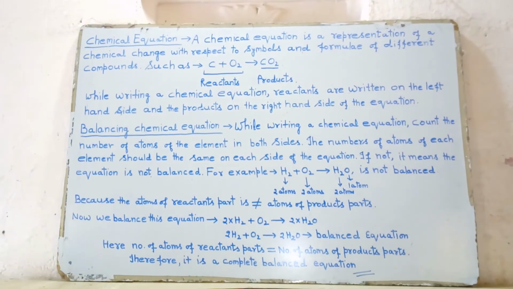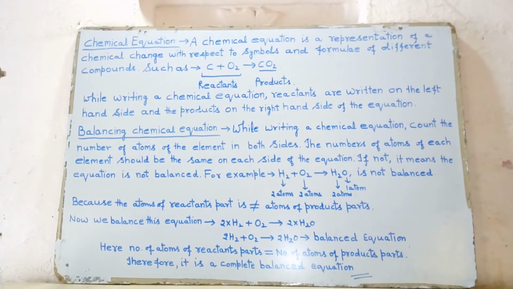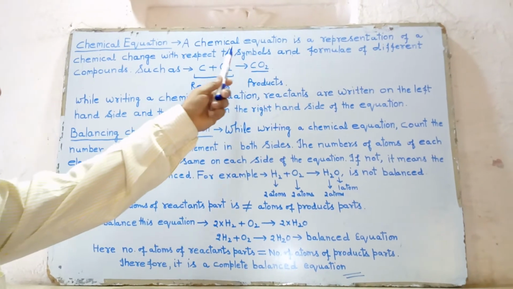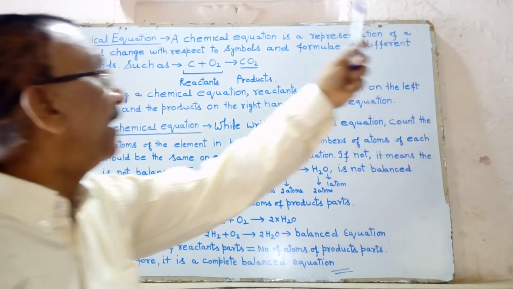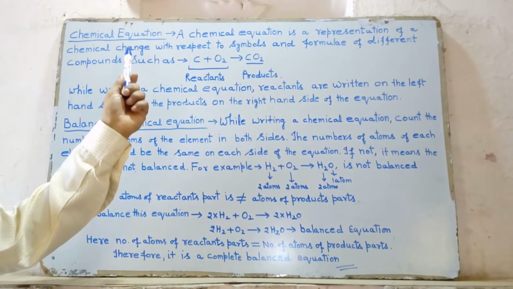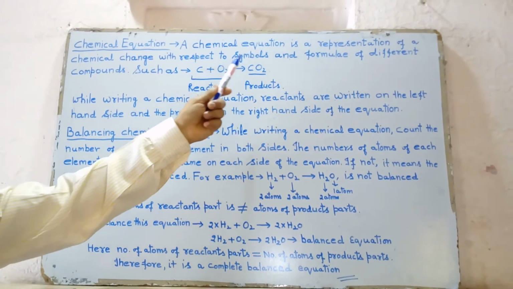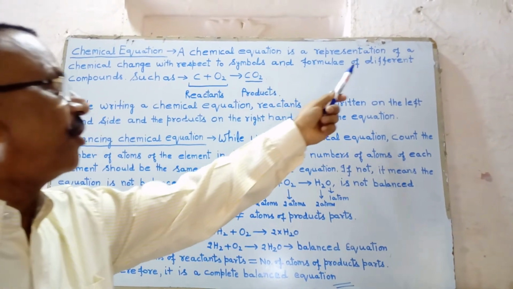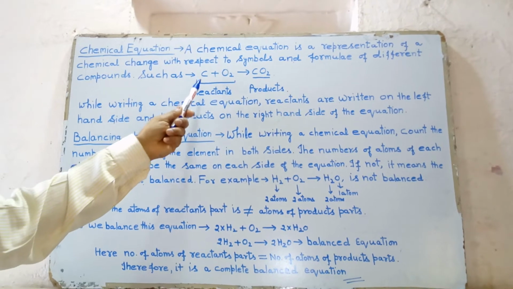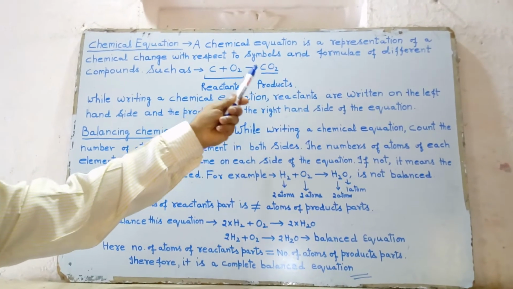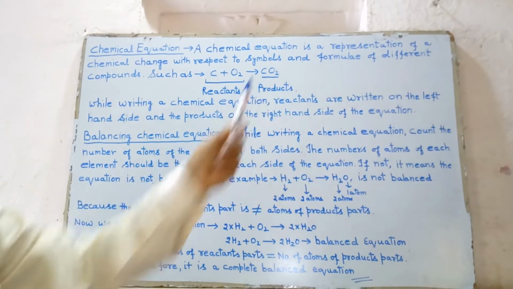Chemical equations. What are chemical equations? A chemical equation is a representation of a chemical change with respect to symbols and formulae of different compounds, such as carbon plus oxygen gives us carbon dioxide.